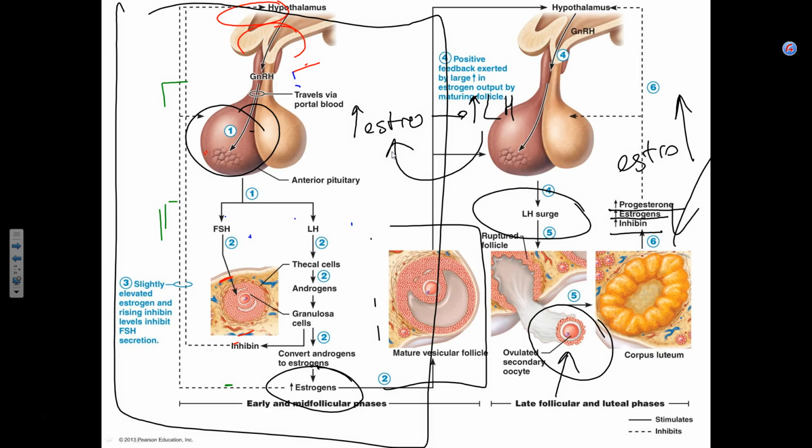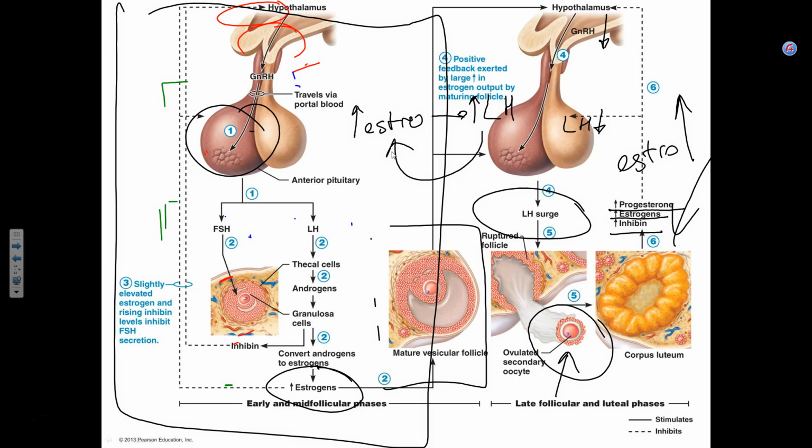So what does estrogen do to levels of LH? Decreases. What does it do to levels of gonadotropin releasing hormone? Decreases. As they decrease, remember it's a negative feedback, as GnRH and LH decrease, what happens after that to estrogen levels?